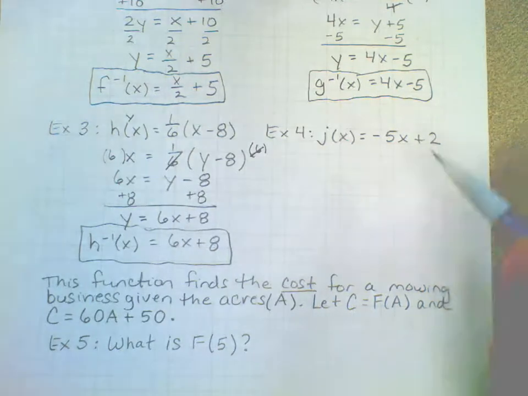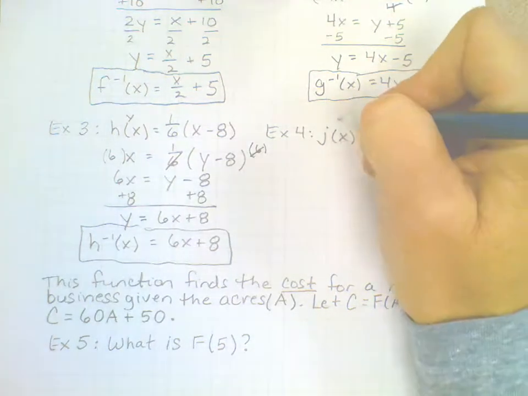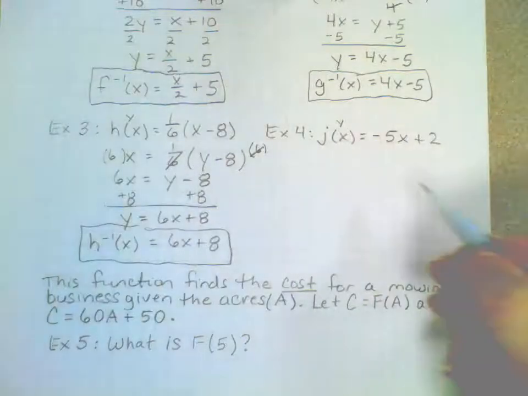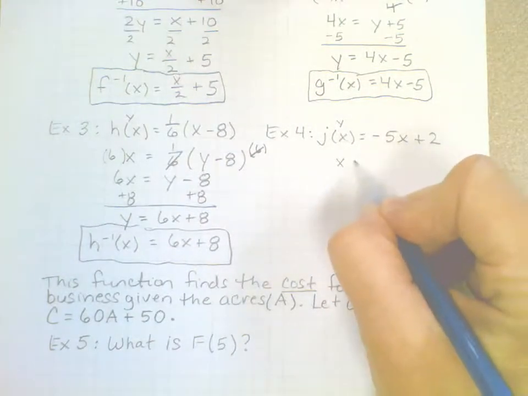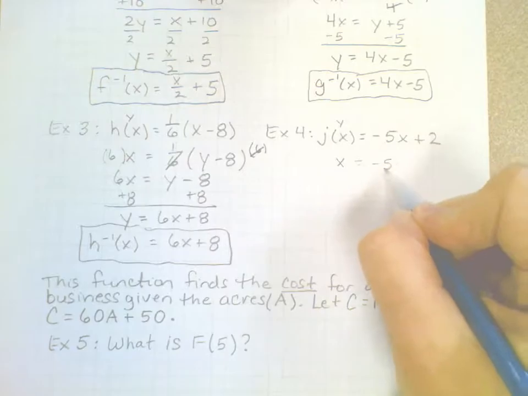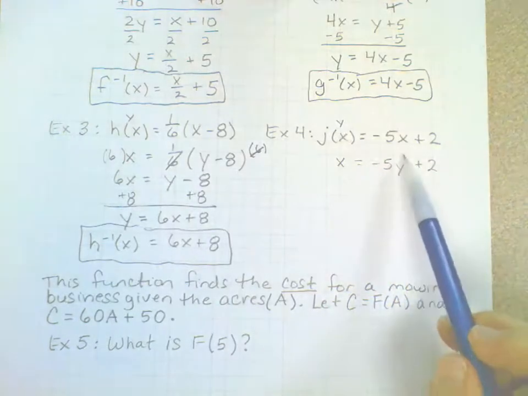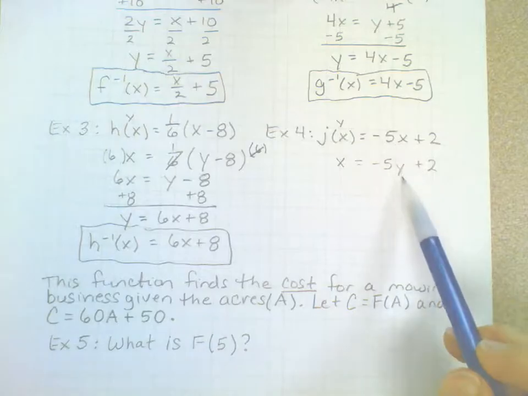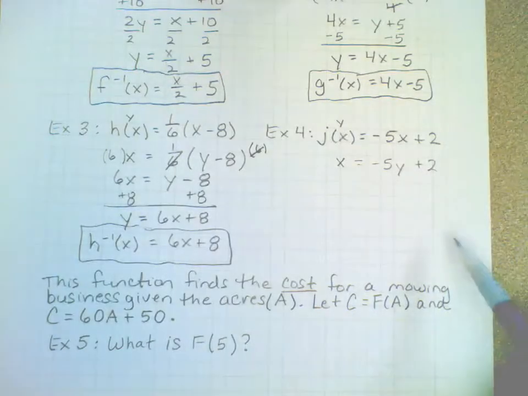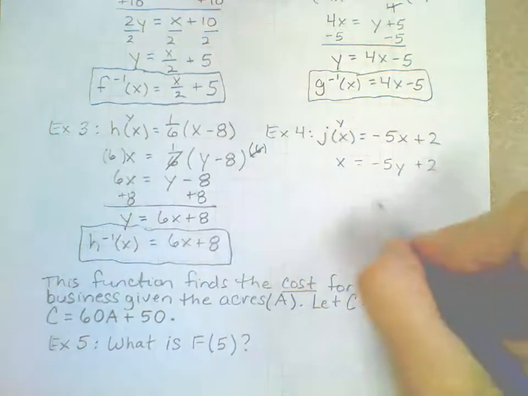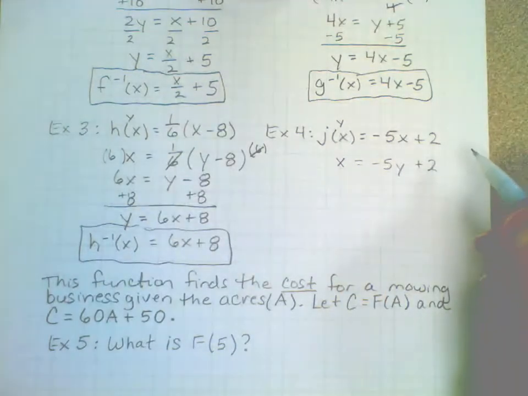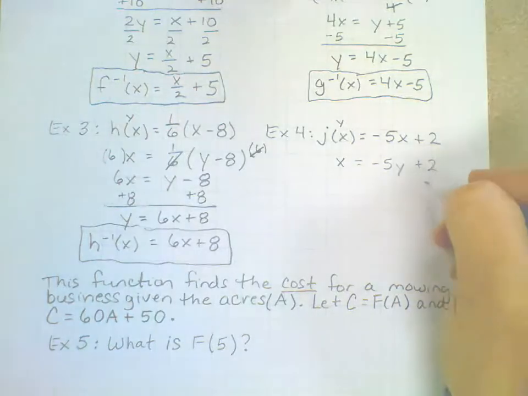Okay, one more. So j of x, so that's my y. So I'm going to flip x and y. So notice I'm just kind of putting, what was attached to the -5, so that's where my y went when I switched them. So now I want to isolate y. Now this one, I'm just going to have to do the traditional inverse process, so subtract 2.